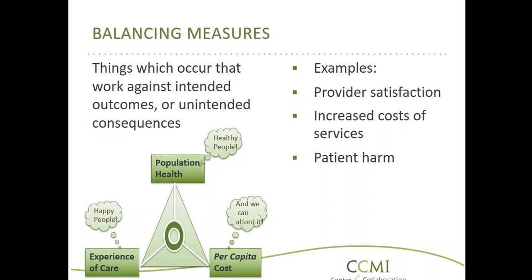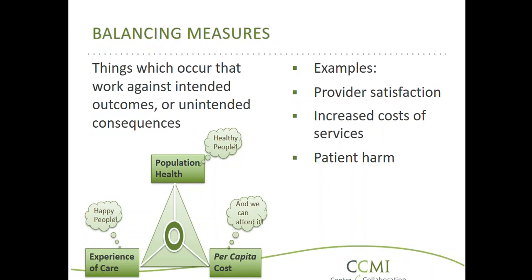So you may produce one of the most effective, cost-efficient care teams, but it takes them 16 hours to get through a day, and provider satisfaction is very low, even though patient outcomes experience is high and cost is reduced. So if provider satisfaction is low, you're not going to have your providers around very long. So that would be one way of measuring an unintended consequence.